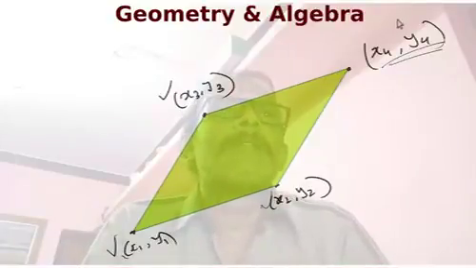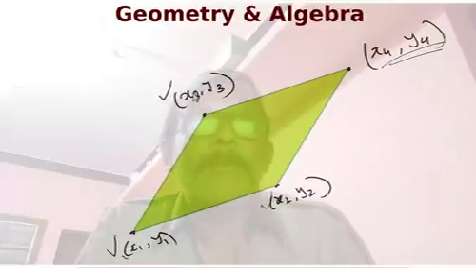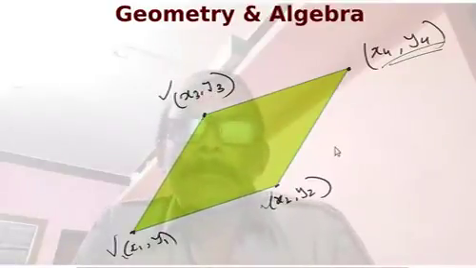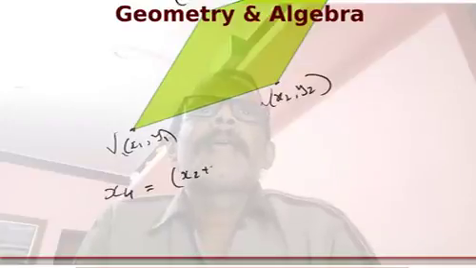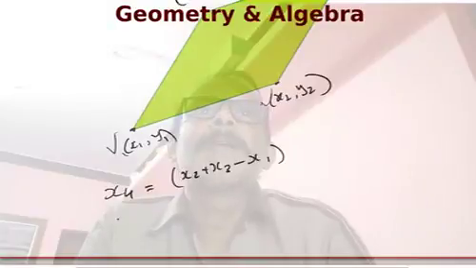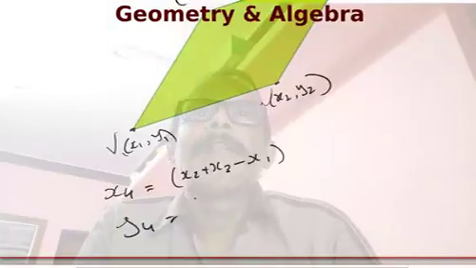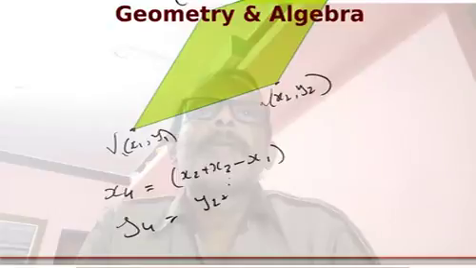We have to calculate the values of x4 and y4 using these three other vertices. For that, it is very simple to write the formula. x4 can be calculated as x2 plus x3 minus x1. Then y4 is equal to y2 plus y3 minus y1.